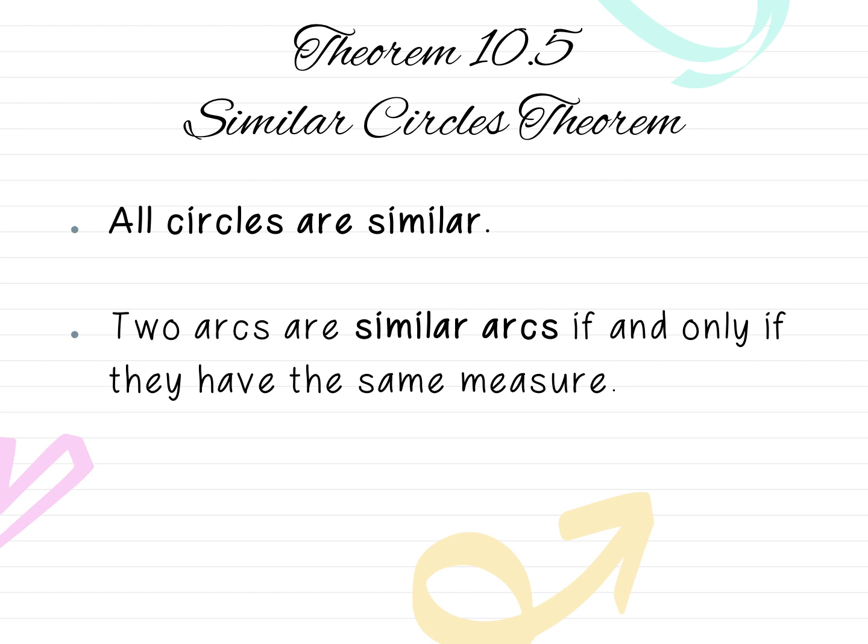Now, two arcs are similar if and only if they have the same measure. And by measure, I mean degree. So arcs can be similar as long as they have the same degree measure. To be congruent, they have to have the same length as well. But to be similar, they just have to have the same degree.